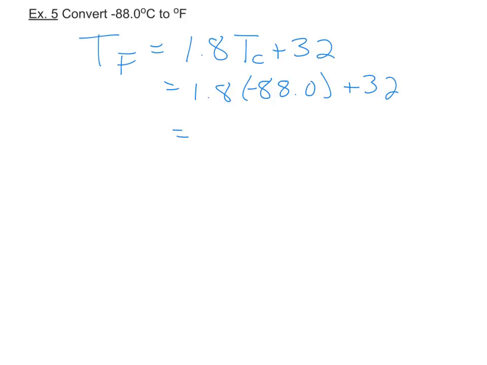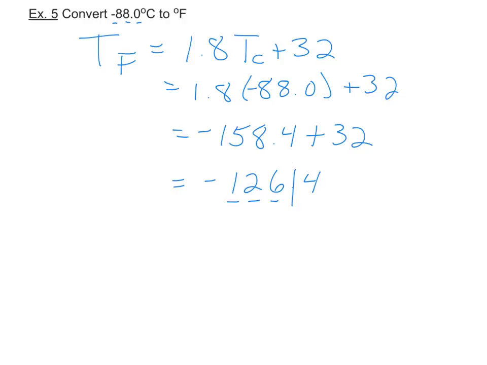And 1.8 times negative 88 is negative 158.4. Add 32, which is going to give us negative 126.4. And if we look at our answer up top, 1, 2, because that decimal is there, that 0 is significant, so we want 3 significant digits. So 1, 2, 3, draw our rounding wall, look over the top, and that's below 5, so it's going to stay at negative 126 degrees.